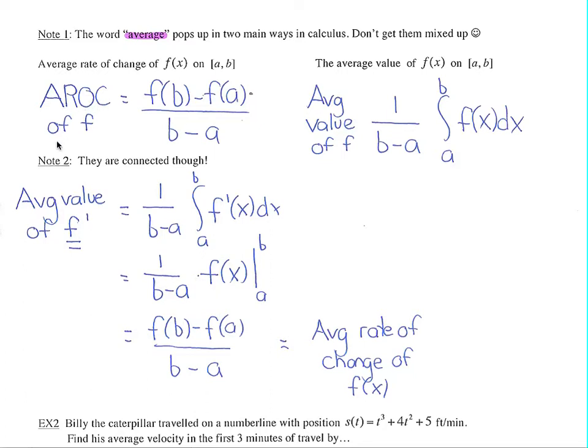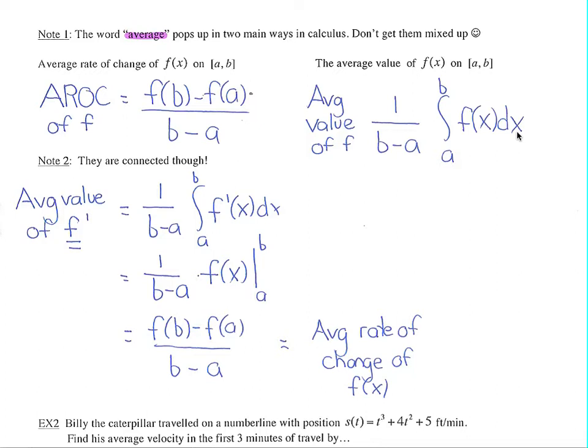The average rate of change of a function is defined as where you were at the end minus where you were at the beginning divided by b minus a. So average rate of change is another way of saying the average slope of the function. We just learned on the front side that the average value has this definition: 1 over b minus a, of the integral from a to b of the function f of x.